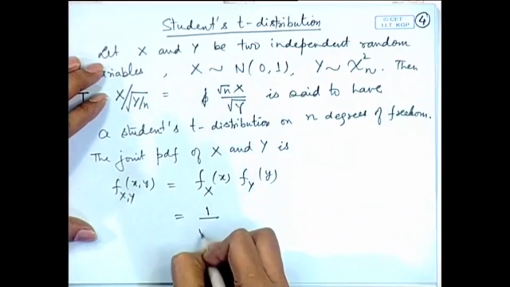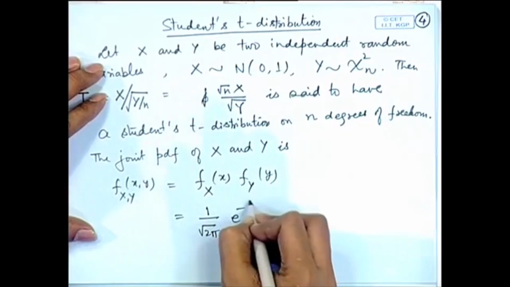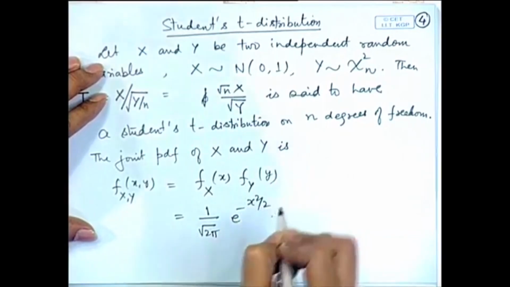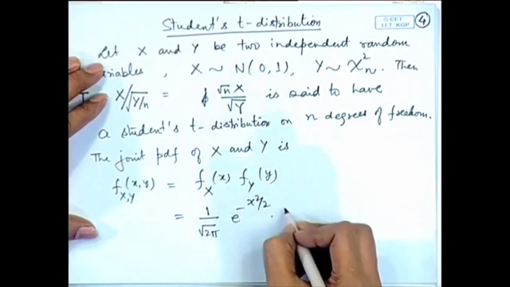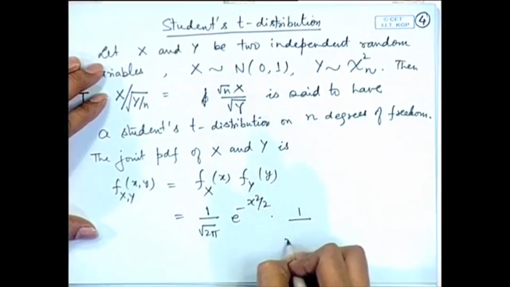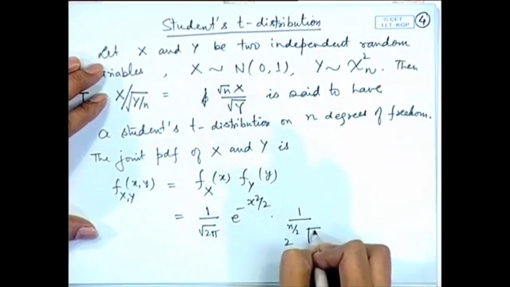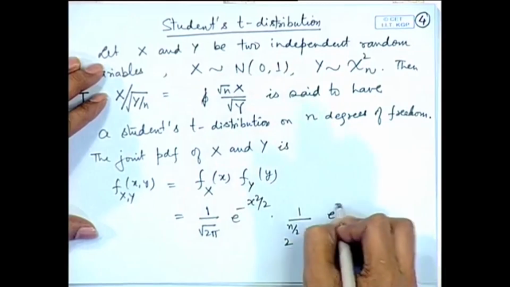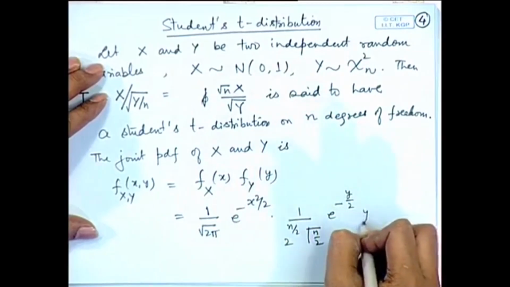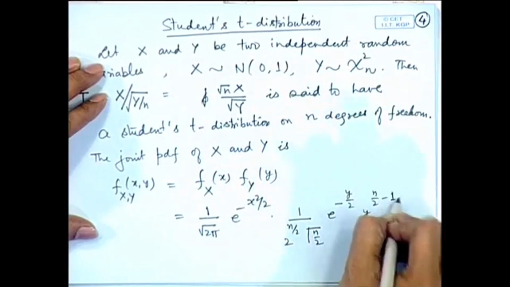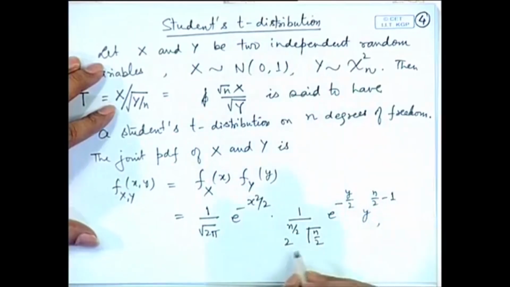So, the density is 1 by root 2 pi e to the power minus x square by 2, and the density of Y is chi square n, that is 1 by 2 to the power n by 2 gamma n by 2 e to the power minus y by 2 y to the power n by 2 minus 1. Here the range of the X variable is from minus infinity to infinity, and the range of the Y variable is positive.